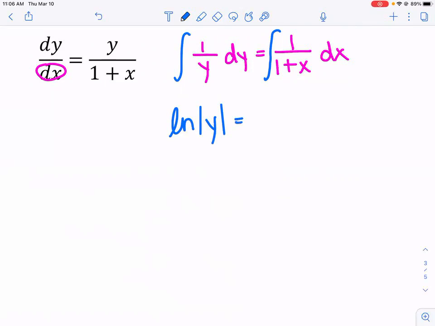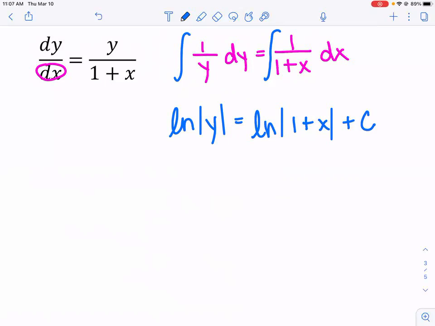And then 1 over 1 plus x has an antiderivative of the natural log of the absolute value of 1 plus x, plus c. Technically, we do have it on the y side, and then we just combine it over with the x side. So I write that step.